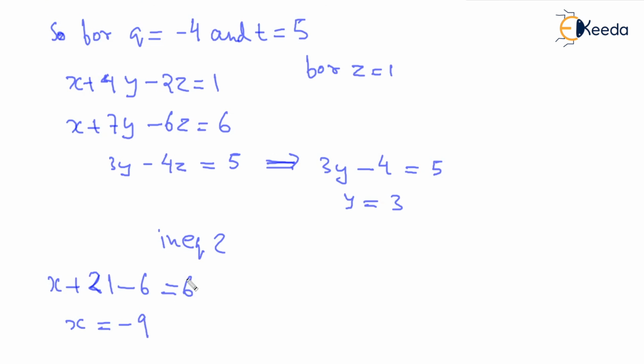You can say 21 minus 6 will become 15, and on the other side it becomes minus 9. So the solution is minus 9, 3 and 1 for the case of z equal to 1. Otherwise there can be many solutions, like we have concluded it will have infinite number of solutions. So this will be the answer.